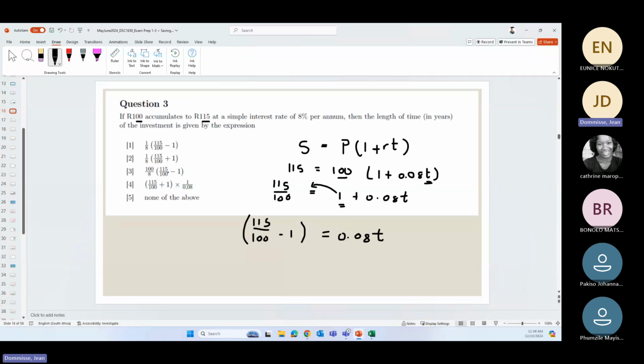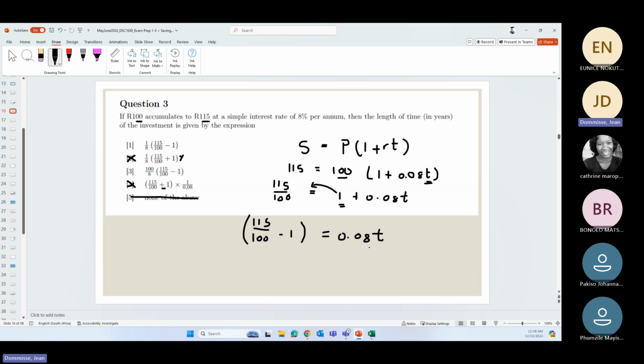Now we can already start eliminating options. There's a negative, so that looks good. Positive, so that's not going to be it. Negative, so that can be. Positive, not going to be. So at least I've eliminated 2 options.